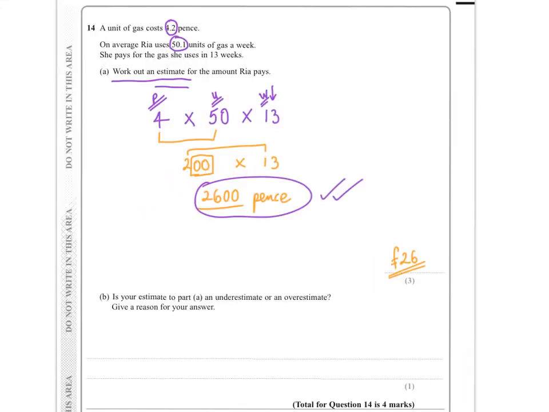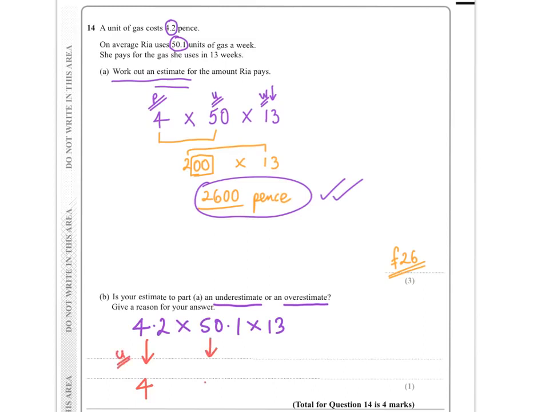For part B, it says, is your estimate to part A an underestimate or an overestimate? Give a reason for your answer. Well, the actual amount would have been 4.2 times 50.1 times 13. And what we did, we underestimated this.